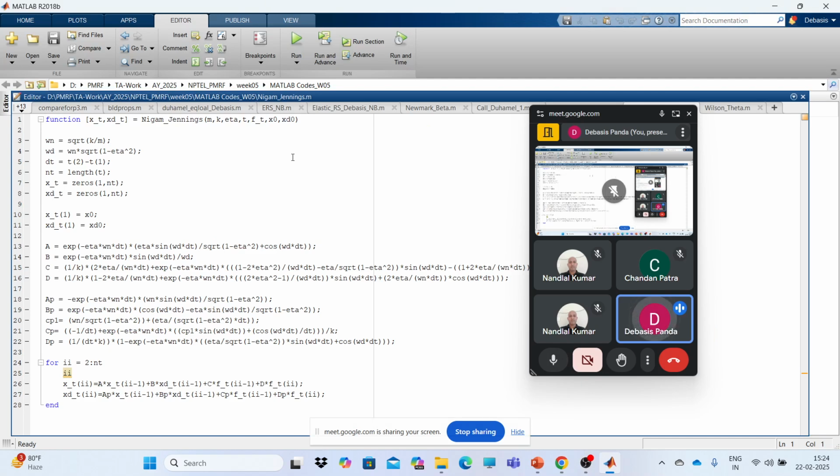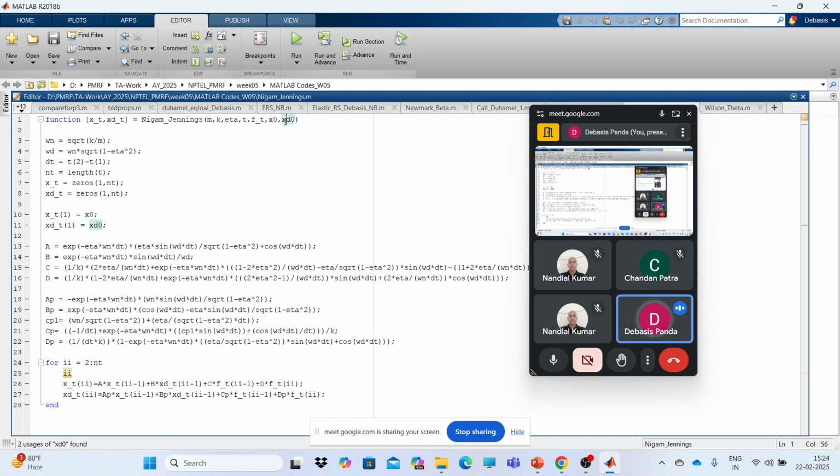Here this is the function file. We can write the code in a script file also, but I have made a function file so that we can call it and compare it with others easily from one script. This function file Nigam Jennings takes the input of m, k, information about the damping, the time array, the forcing function, and the initial conditions.